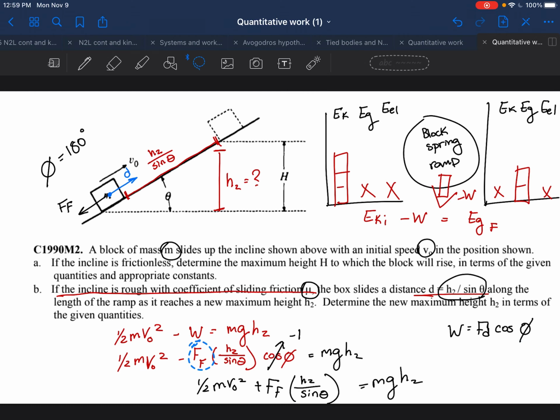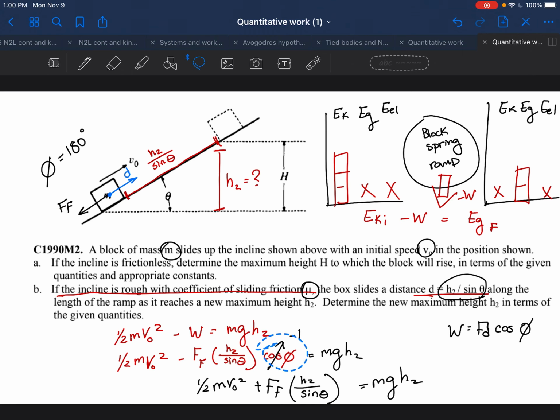So we know that the force causing this transfer of energy is the force of friction. The distance over which it acts is h2 over the sine of theta, which was given to us right here. And the cosine of phi turned out to be -1, because the displacement vector is up the incline, and the force of friction is down the incline. So we have an angle of 180 degrees between those two vectors.